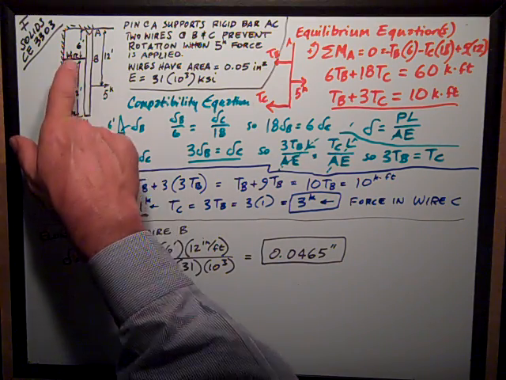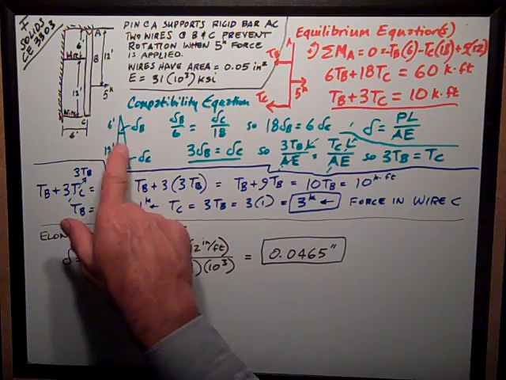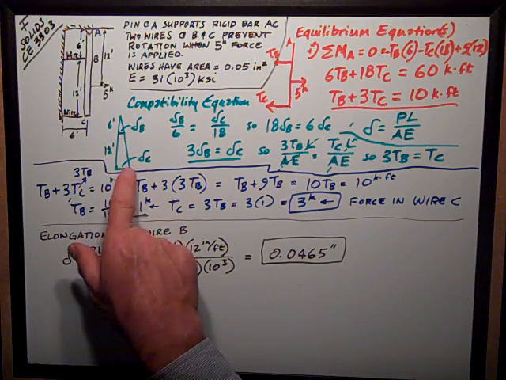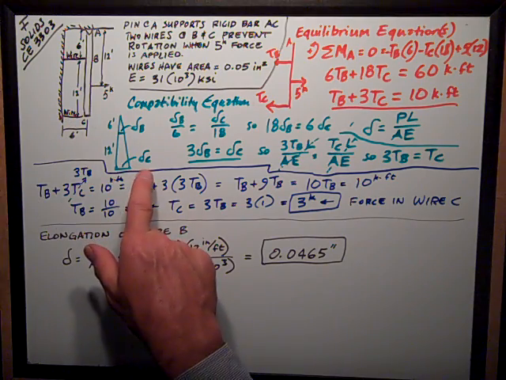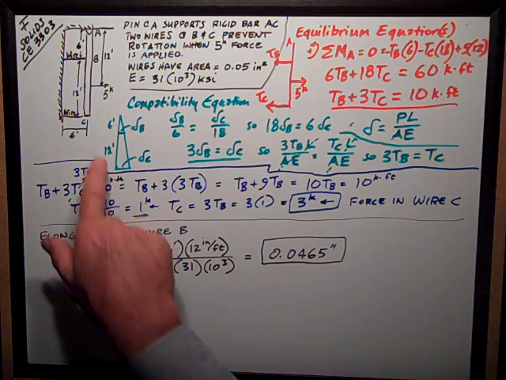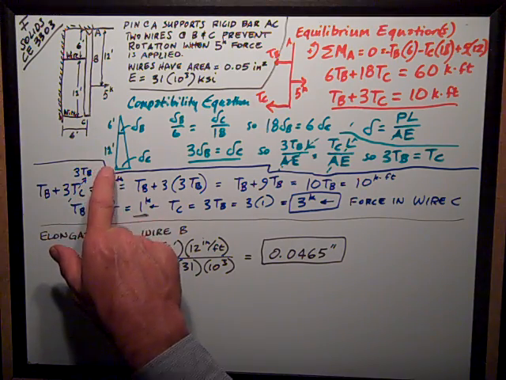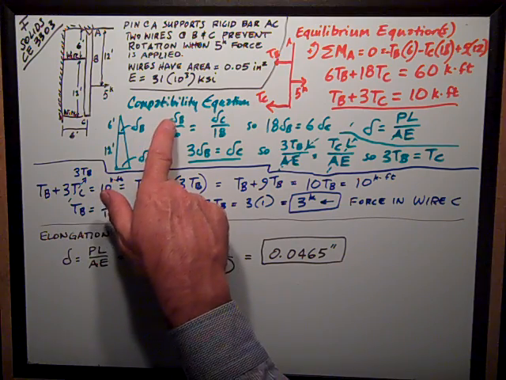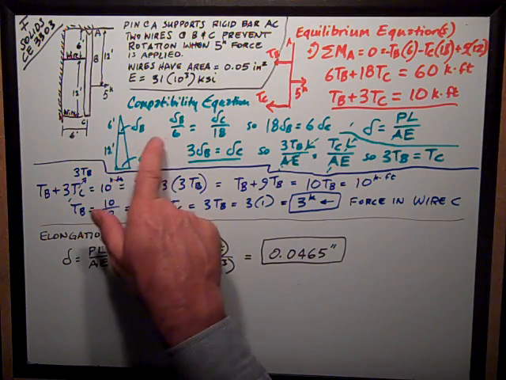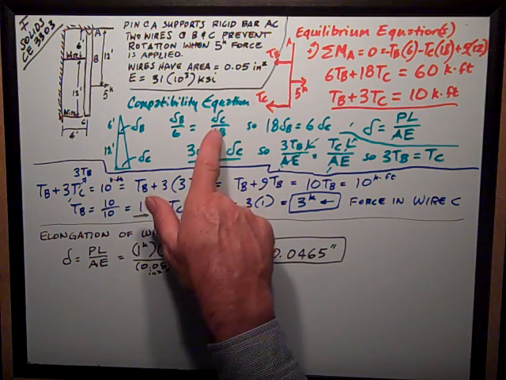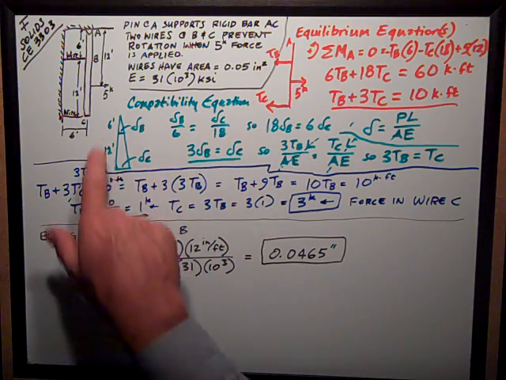Deformation at B, where the wire is attached, is equal to that amount, and down here where wire C is attached, the deformation of that wire is that amount right here. By similar triangles, that angle is equal on both of them. I have the deformation at B, delta B over 6 is equal to the deformation at C, delta C over 18.